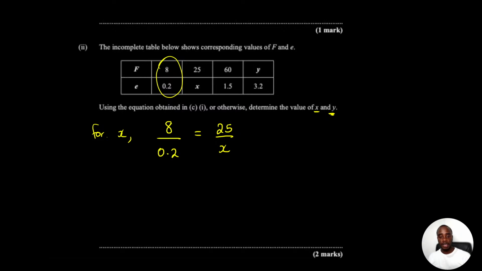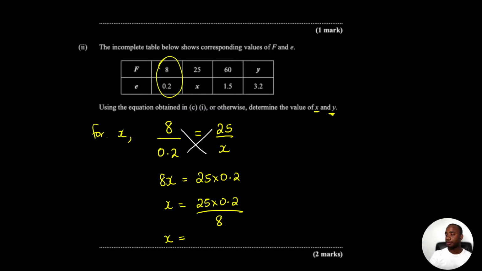Now we can solve for x, because if we cross multiply in the interest of time, that means 8x is going to be equal to 25 times 0.2. So therefore x is equal to 25 times 0.2 divided by 8. And what is that equal to? What is 25 times 0.2 divided by 8? Let's see if we can find out.